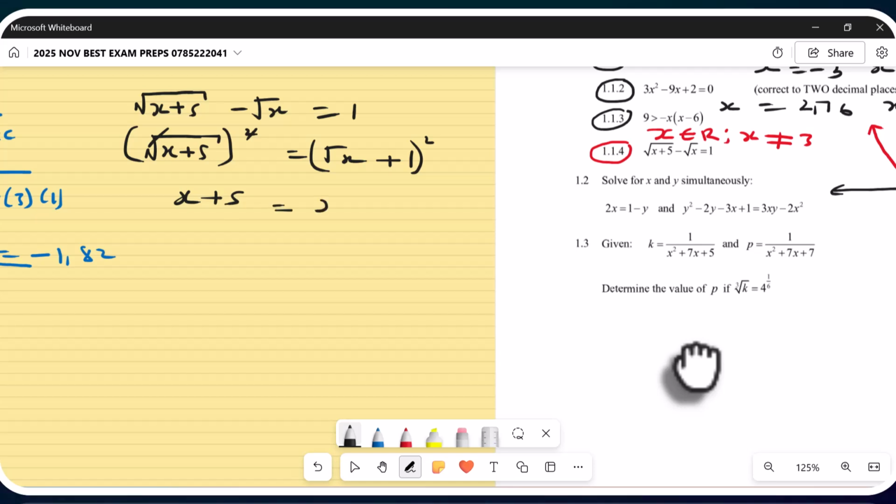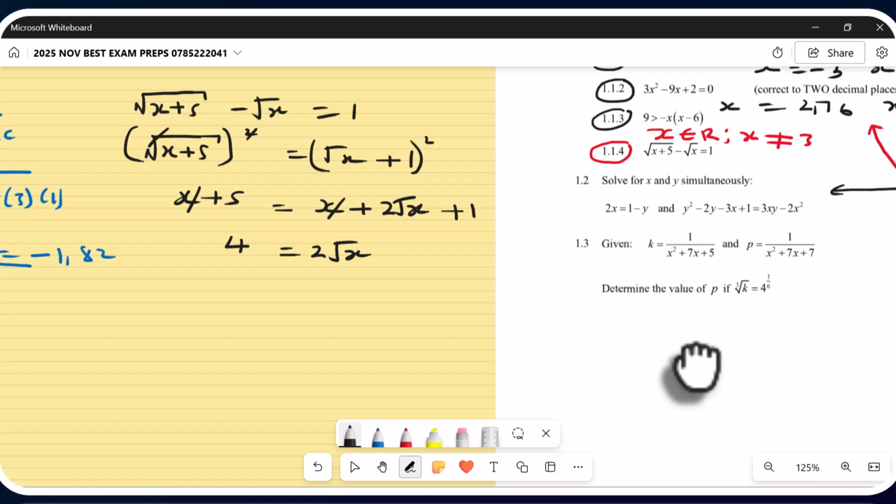Then simultaneous equations from Eastern Cape. I can see it is quite a longer one, but we have no choice. We said we practice. Why? To avoid practicing in the exam, right, guys? So here now what you're going to do: because it's negative y with the 2x, bring the negative y to this side, please, people.